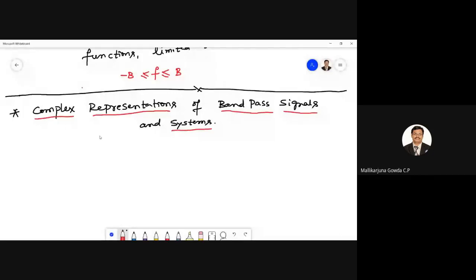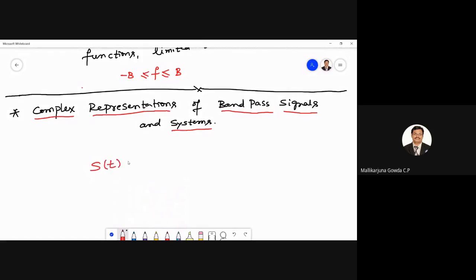Quickly, anyone of you can say how I can represent the bandpass signal. The definition of the bandpass signal: how can I express the bandpass signal in terms of the complex envelope?